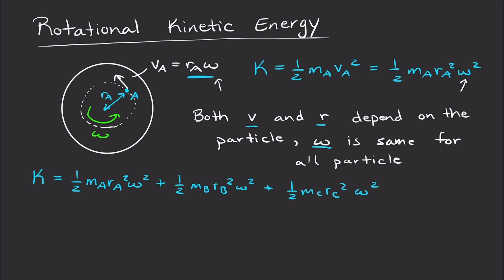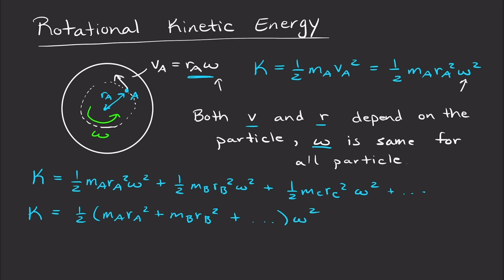Since there's a 1/2 and omega squared in all of our terms, we can factor those out. So if we do that, we get 1/2, and then in parentheses, ma ra squared plus mb rb squared plus and so on, and then we get our omega squared.